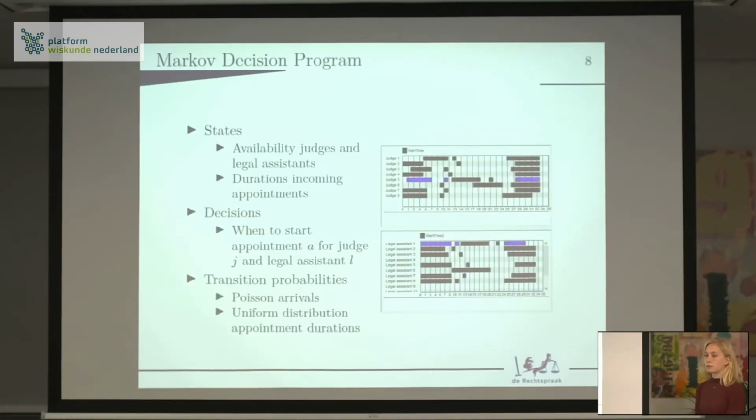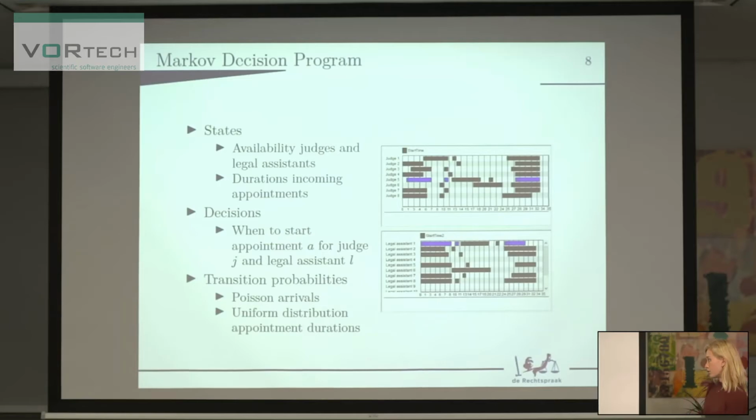So the Markov decision process contains a certain state. A state is where you start with: the filled agenda and the incoming appointments. And you have to make the decision when to start the appointment for the certain judge and for the certain legal assistant. And the transition probabilities we've used in this Markov decision process are based on Poisson arrivals and a uniform distribution of appointment durations.